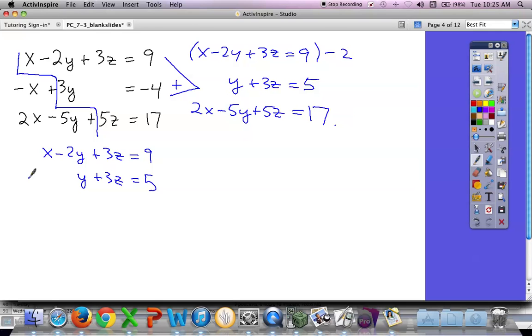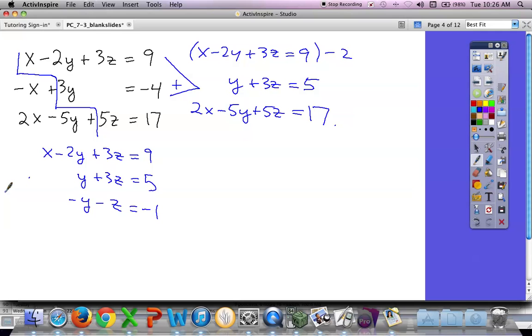So this is blank. Negative 2y times negative 2 is 4y. 4y plus negative 5y is negative y. Negative 2 times 3z is negative 6z. Negative 6z plus 5z is negative z. And negative 2 times 9 is negative 18. Negative 18 plus 17 is negative 1.